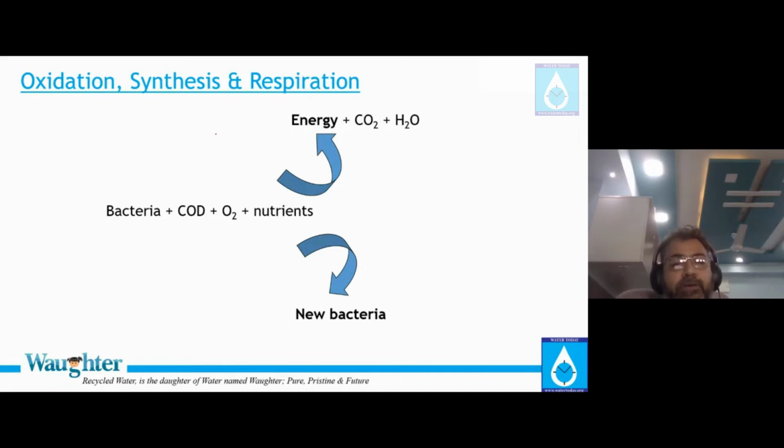This is now coming to a little bit more chemistry level, and please be patient when I try to explain this. So bacteria plus COD plus oxygen plus nutrient, we have two choices. The first choice is, okay, let us enjoy the COD. That is called the breathing process, energy is released. Now when this energy is available to me, then I'll think of reproduction, because energy is required for reproduction.